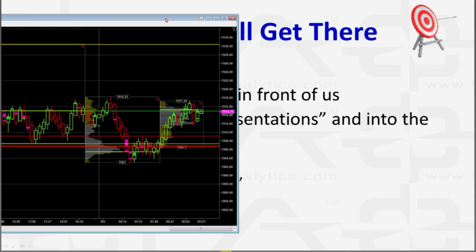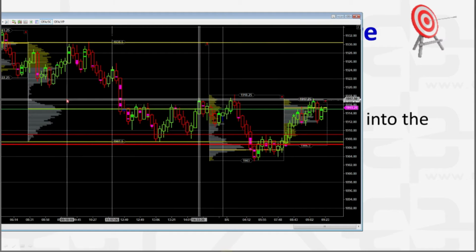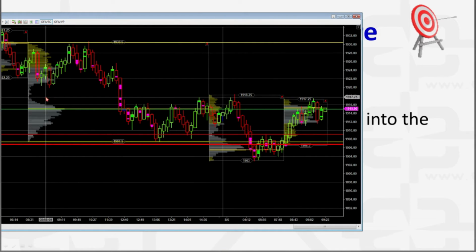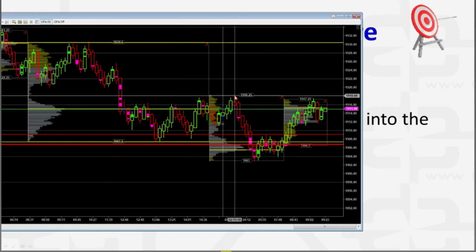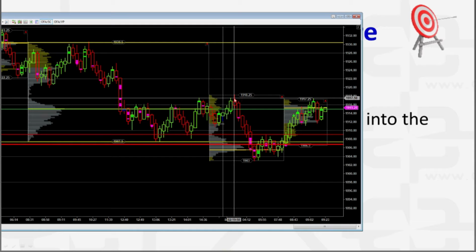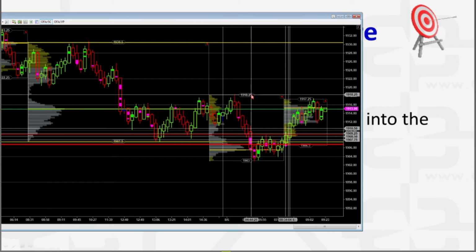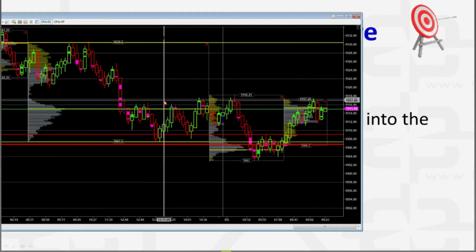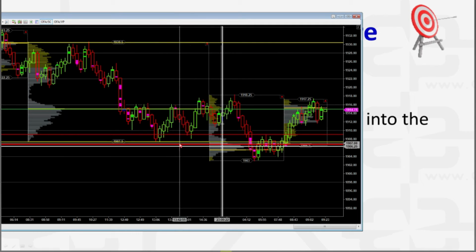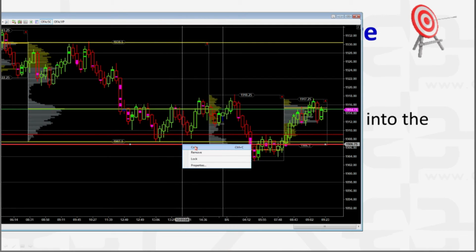So another scenario this morning that I would have, just based on the print, is overnight held up here at 18. I have a long-term low volume area at 17, which is right here.